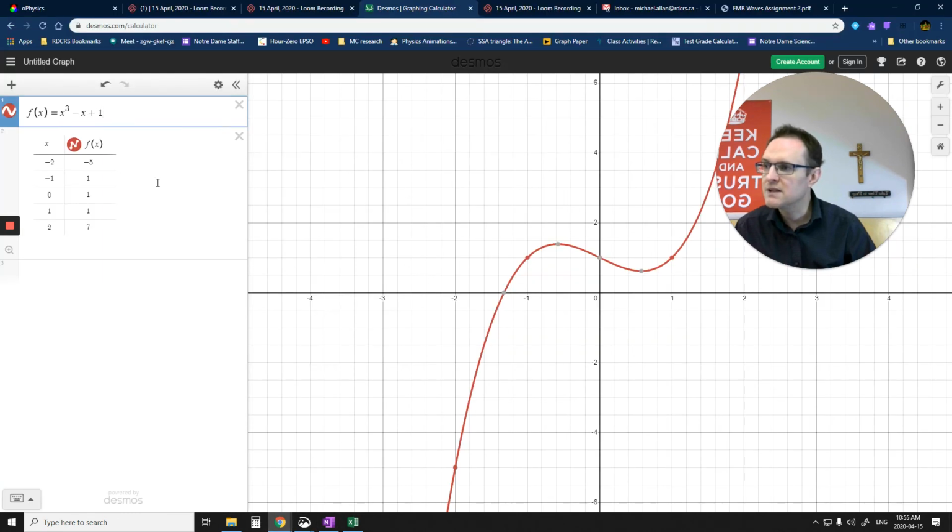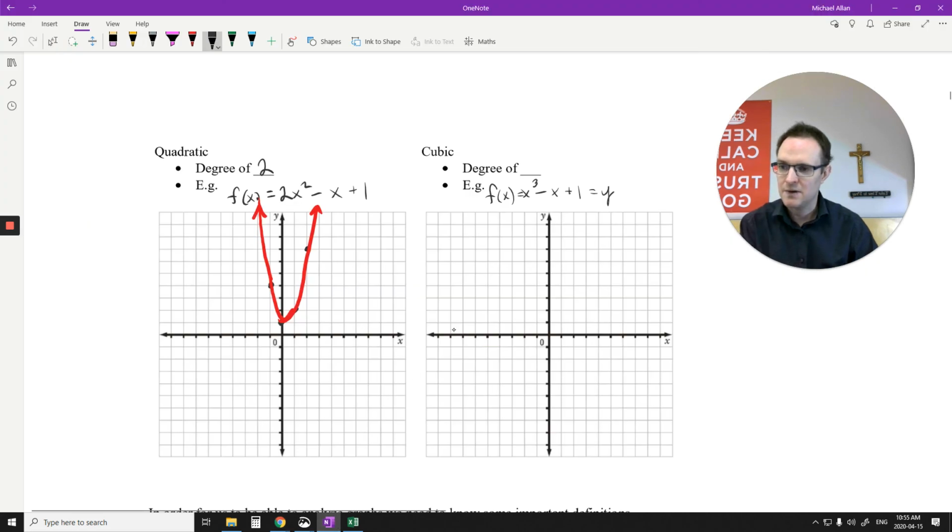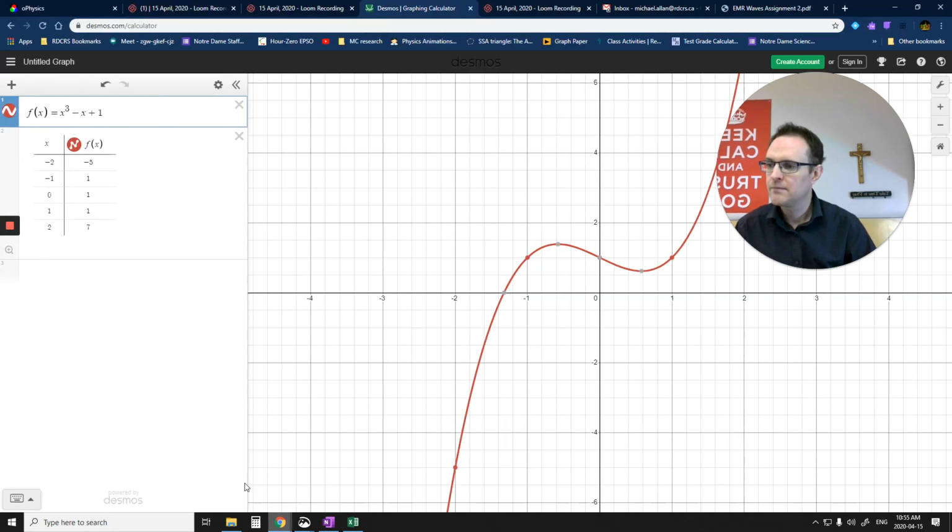So we can see some points here, -2, -5. I'm just going to try to keep this as accurate as possible. -2, -5. So there's a point right there. -1, -1.